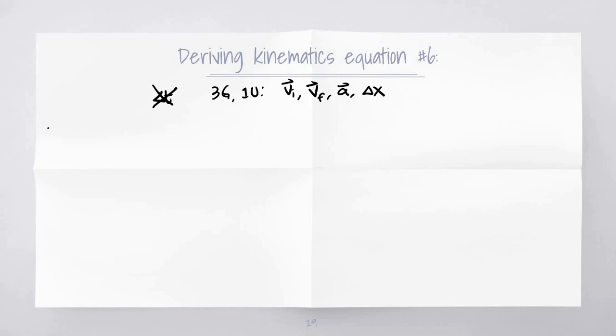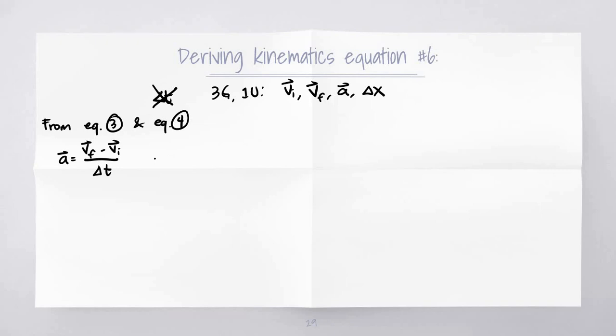So by using, again, equation number 4 and equation number 3. So equation number 3 is again acceleration. So that's acceleration is equal to final velocity minus initial velocity all over delta t.